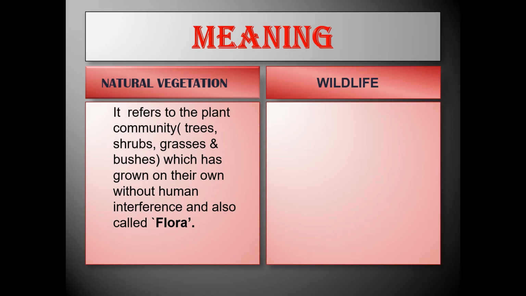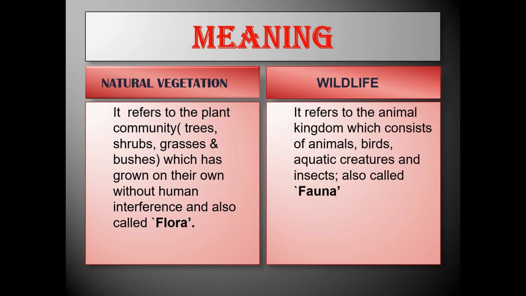Wildlife includes the animal kingdom, which consists of animals, birds, aquatic creatures and insects. Wildlife refers to animals, birds and other organisms that live in their natural habitat. They can also be termed as fauna, and it is a significant part of our ecosystem.